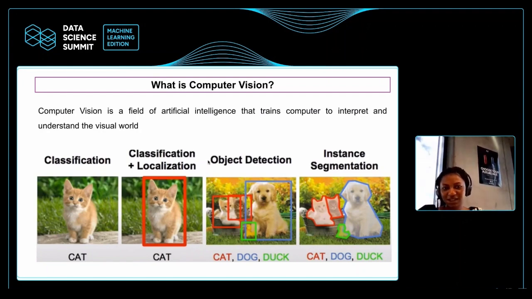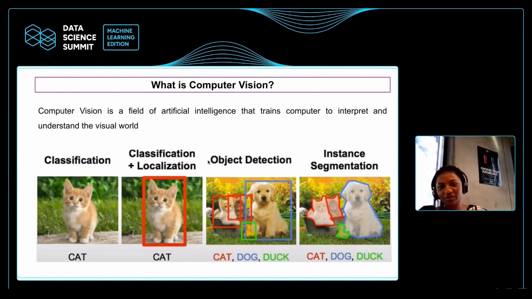One of them is image classification, which is the task of assigning a label to an image from a predefined class. And also we have classification plus localization. This is when we want to identify the location of an object and then draw a bounding box around it.